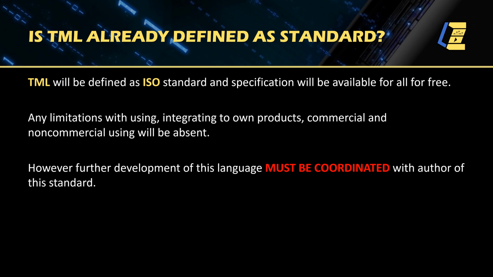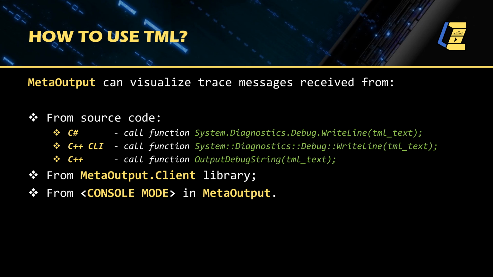How to use TML? MetaOutput can visualize trace messages received from source code, from MetaOutput client library, from console mode in MetaOutput. Using TML. From source. Example on the screen demonstrates how to send TML message directly from source code.